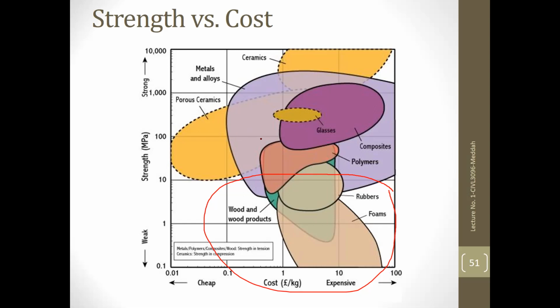And of course, you can see here some other materials with high strength and also high cost. But in other ways, you can also see some ceramics here. They are cheaper, but they have good strength.